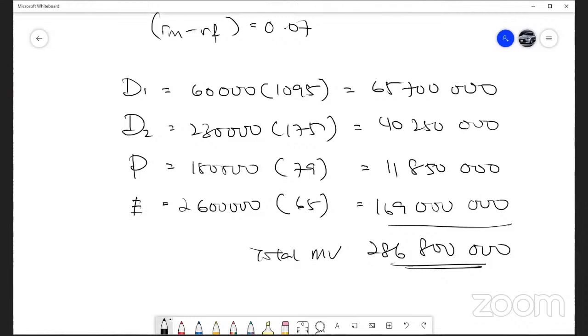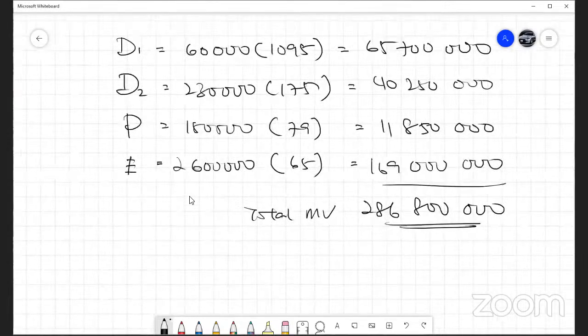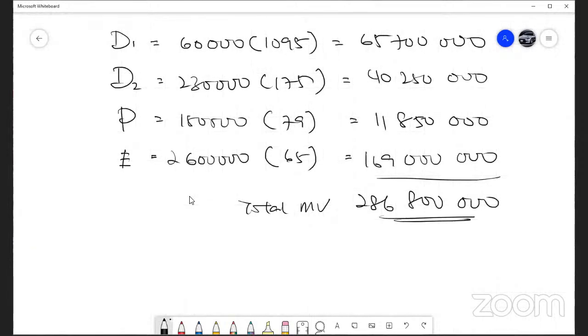After having the total market value, you can find the weightage of each and every one of them. So WD1 equals 65,700,000 divided by 286,800,000.